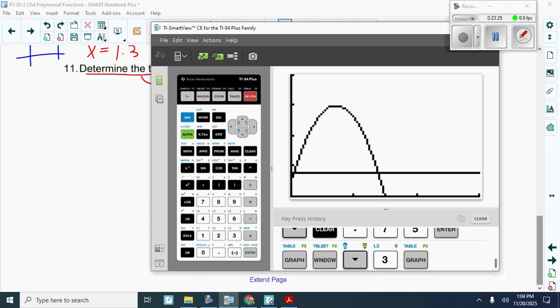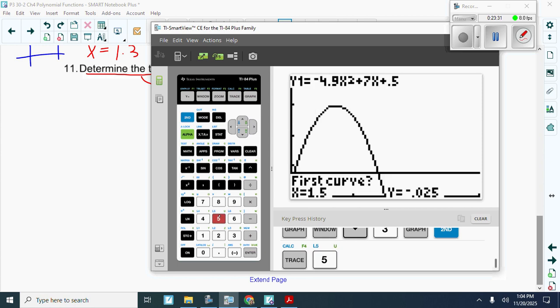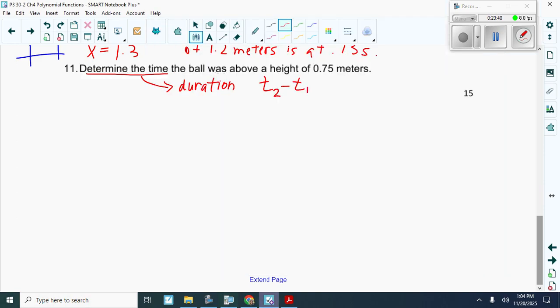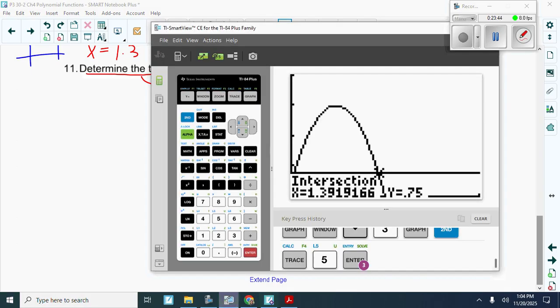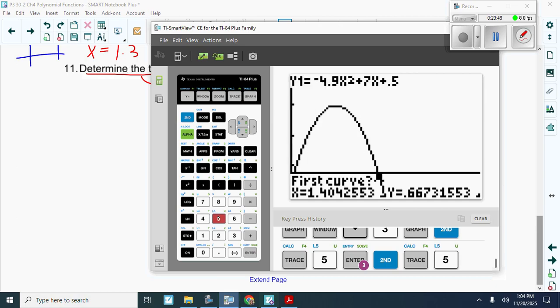All right, so second trace, we're going to do intersect. Okay, first curve, second curve. Okay, so we have our second time was 1.4. So 1.4. Okay, second trace, intersect.